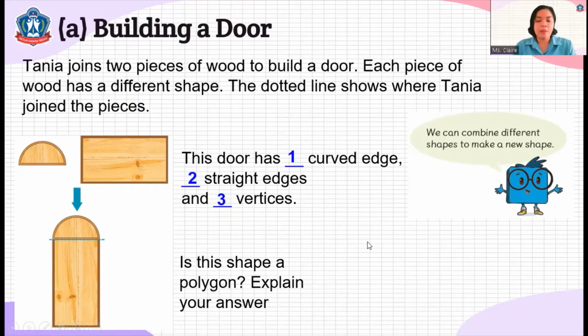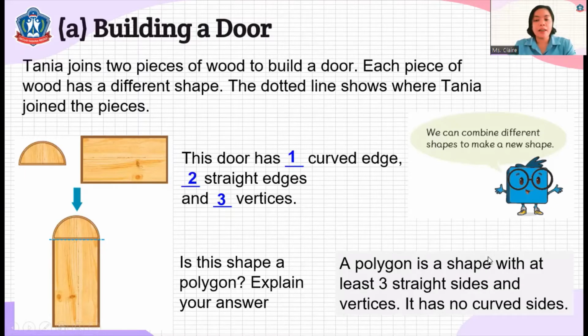Is this shape a polygon? Children, a polygon is a shape with at least three straight sides and vertices. Vertices means the corners of the shapes. It has no curved sides. Take a look at this door. It has a half circle shape.